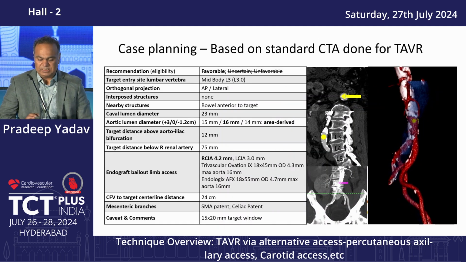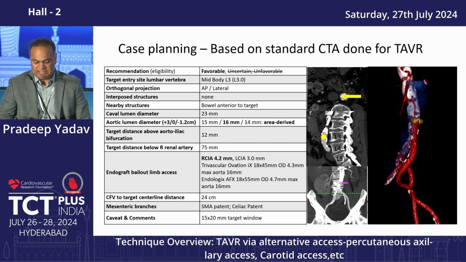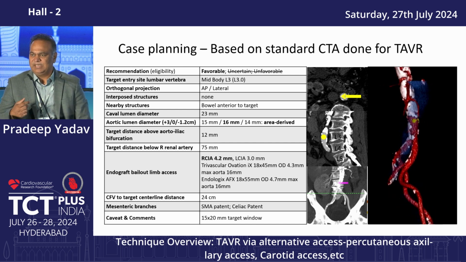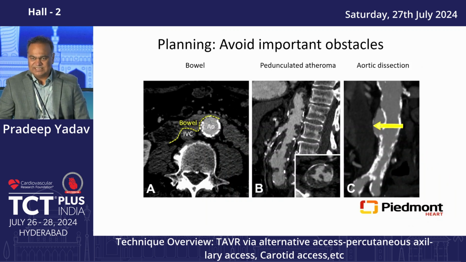So here is a typical analysis that you would need. You basically are measuring the sizes of the aorta. You're making sure there are no vessels, there is no bowel between the IVC and the aorta. And you can select any point from infrarenal, below the renal, to above the aortoiliac bifurcation.